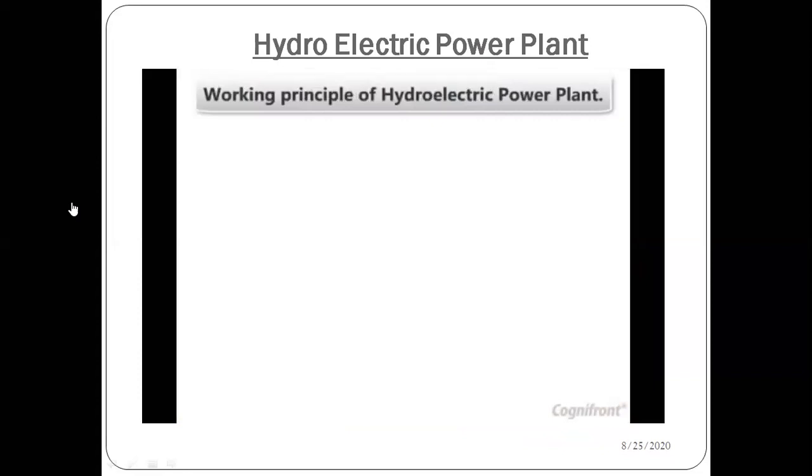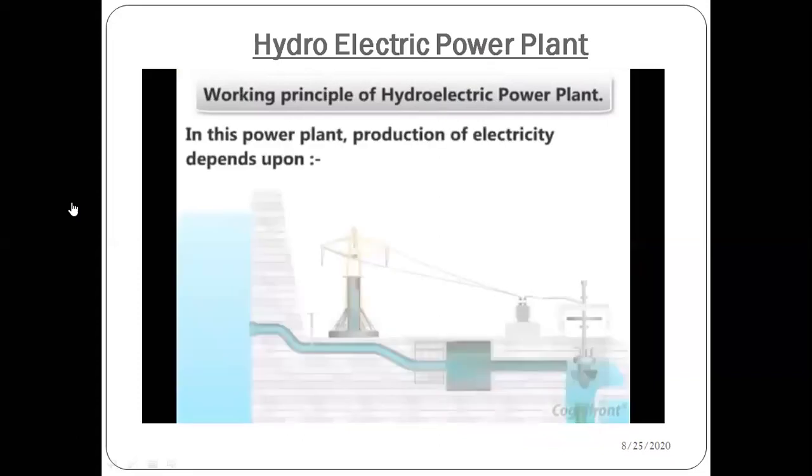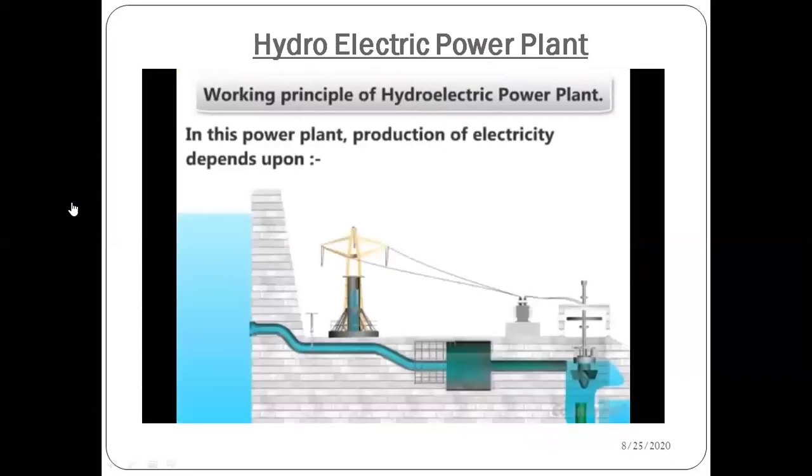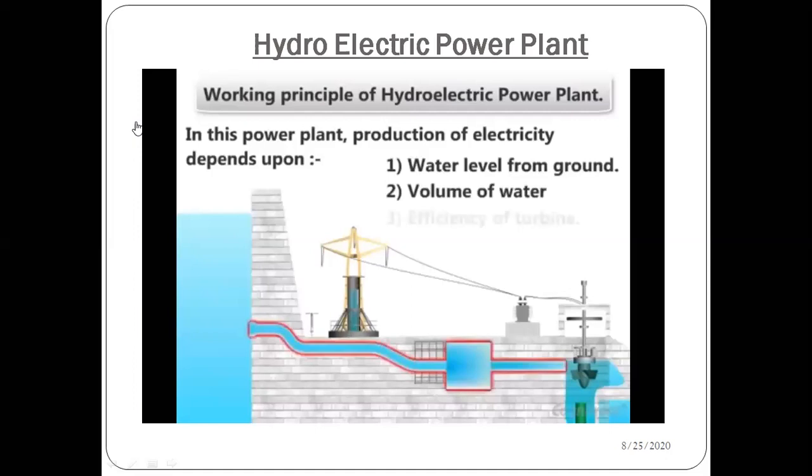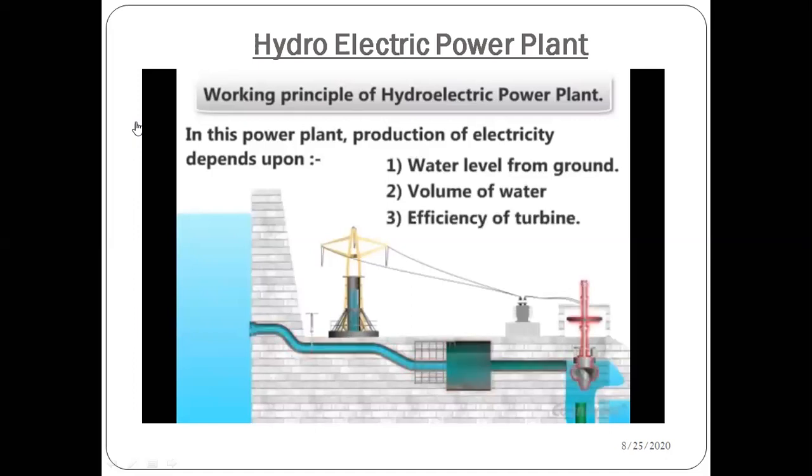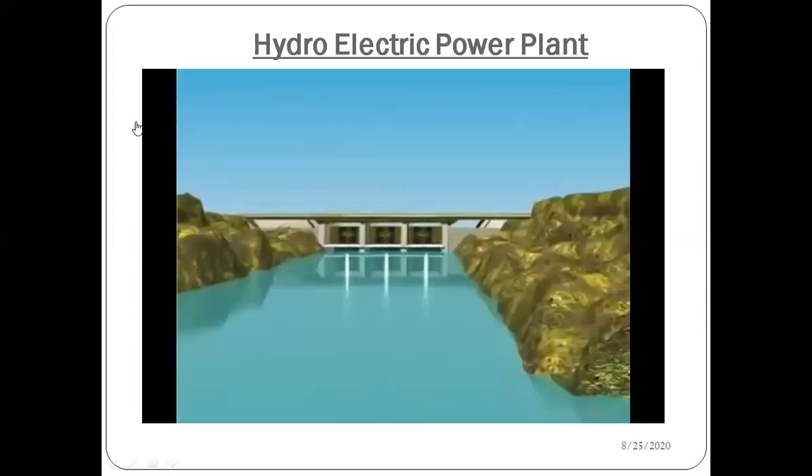The working principle of hydroelectric power plant. In this power plant, production of electricity depends upon the height of the water from ground level, volume of the water flowing per unit time, and efficiency of the turbines. Hydroelectric power plant requires a water reservoir.